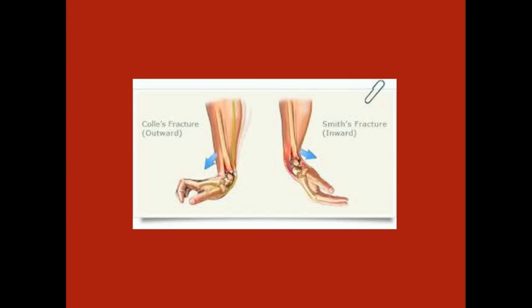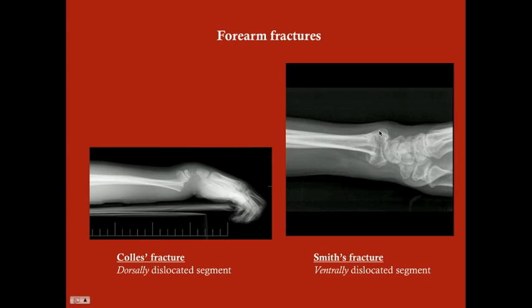Just memorize it. These names have nothing to do with the anatomic positions. So here's a Colles fracture. We already saw it. So the dislocated segment, which you can just remember is the distal segment, is going to be dislocated dorsally.